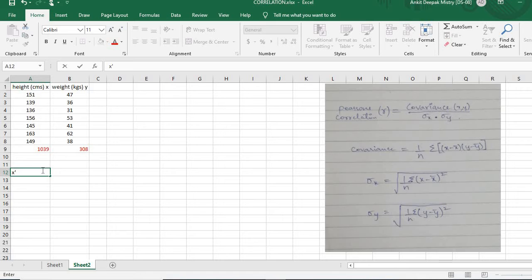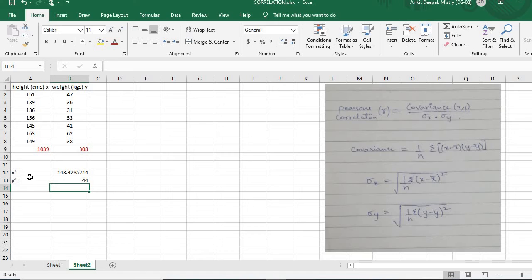So let's represent it by x dash, and that's equal to the sum of all x values divided by n. N would be the number of entries, and in this case it's 7. So this is the x bar, and similarly y bar would be the summation of all y values divided by 7. So now we've got our x bar and y bar values.